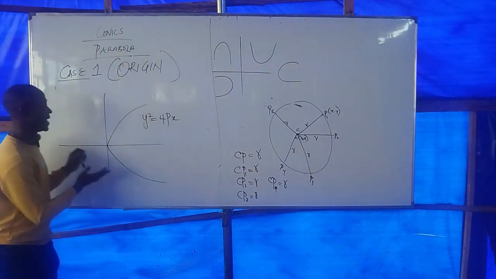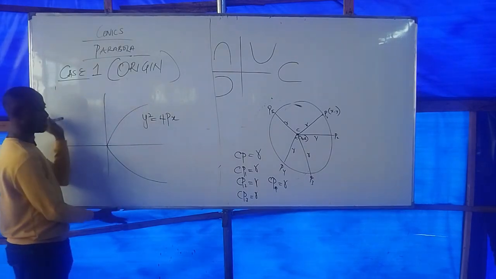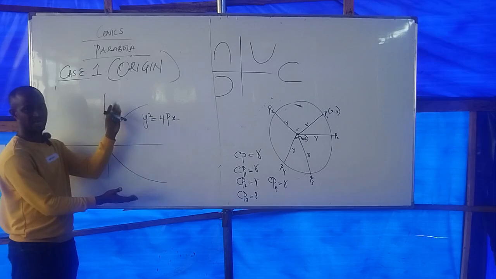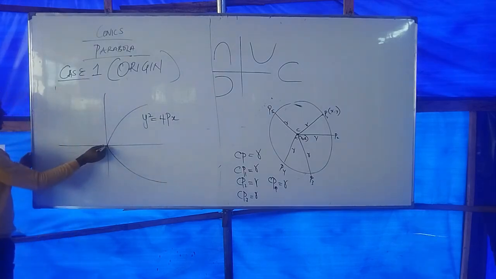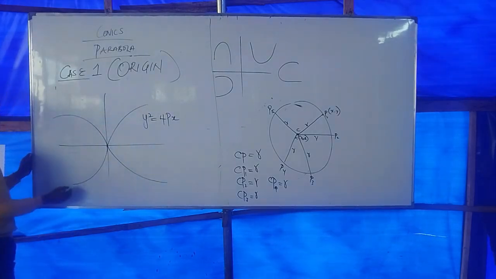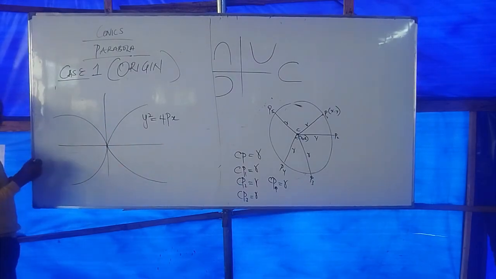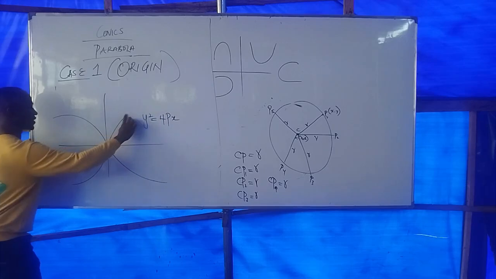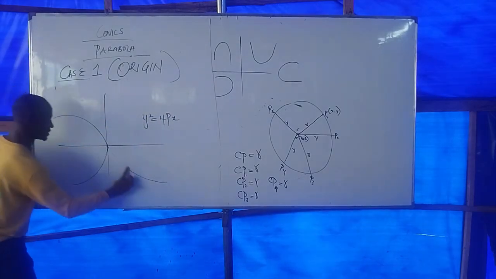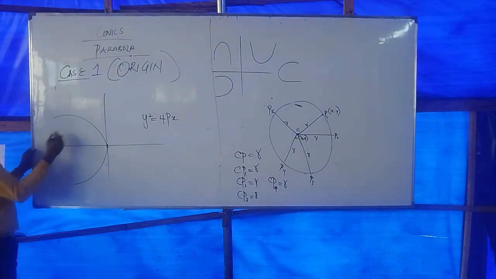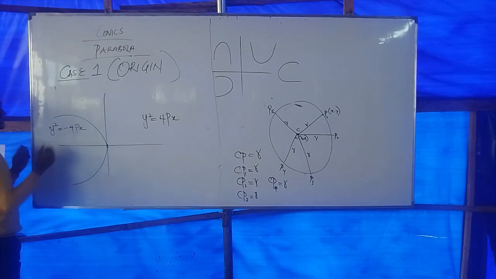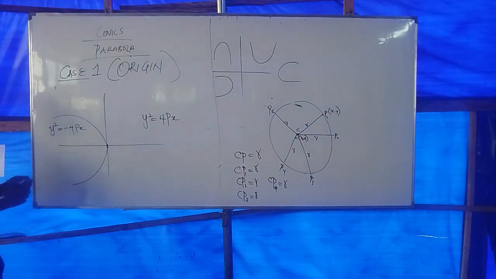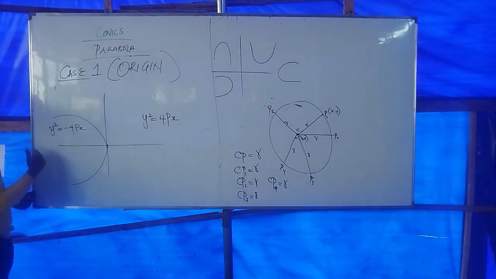The reason is that the parabola is enclosing the positive x-axis. If the parabola is enclosing the negative x-axis, that means this other curve does not exist, and the equation becomes y squared equals minus 4px.